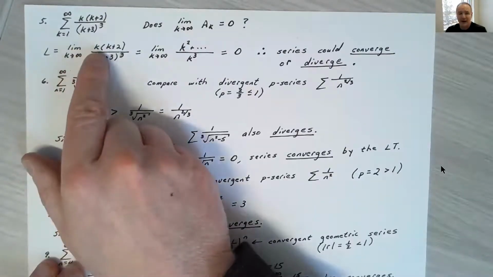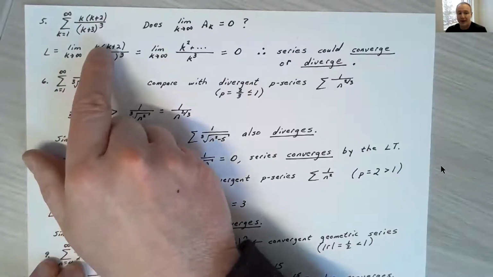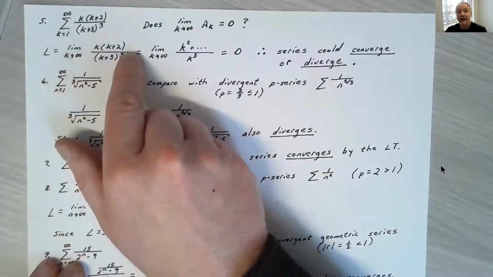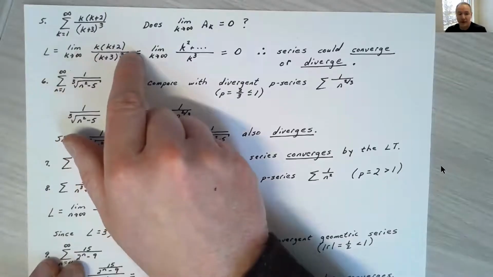When I did that, I looked at my variable k: in the numerator would be a k squared, and in the denominator I'm going to have a k to the third. Yes, I would have other terms of the polynomial in the numerator and denominator, but those terms are irrelevant.